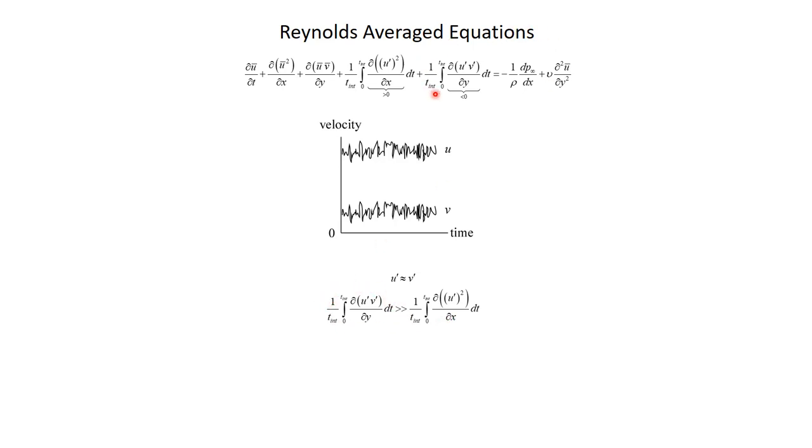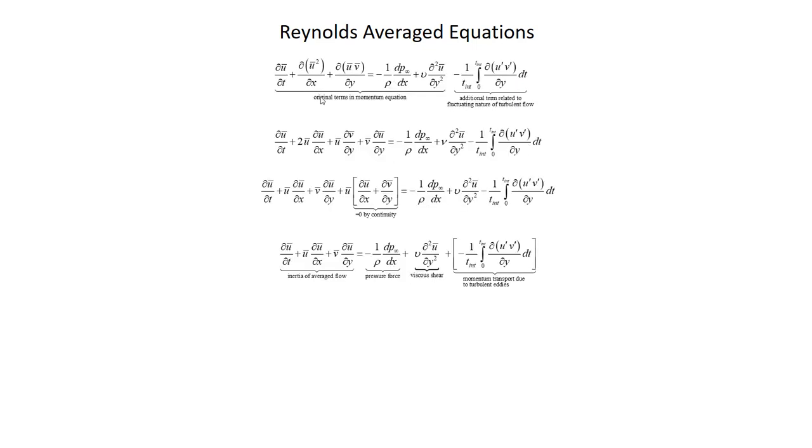So I'm left with only one term that I have to think about in my Reynolds average momentum equation, right? And that's what I've done here. So if we stare at this for a second, I have all the terms that I had in my original momentum equation here, right? This is now written in terms of u bars.